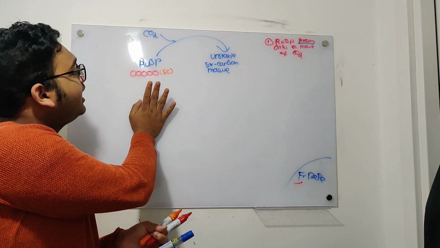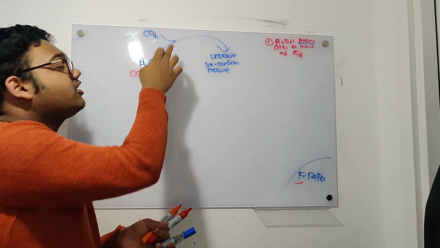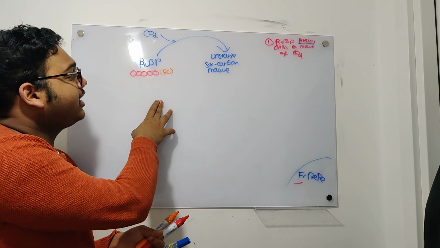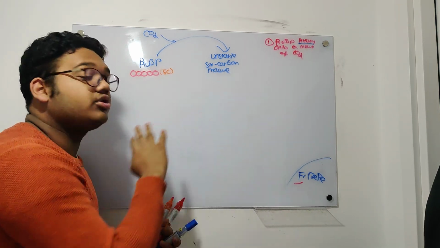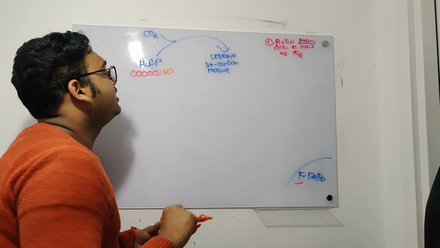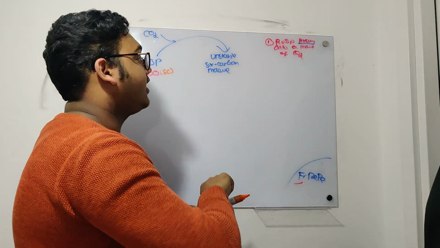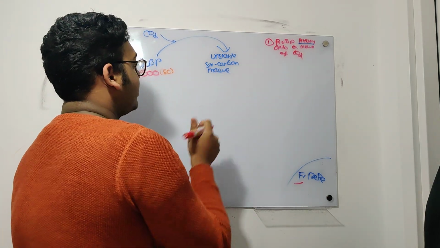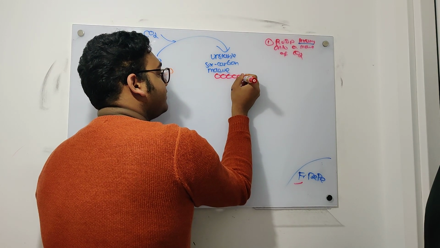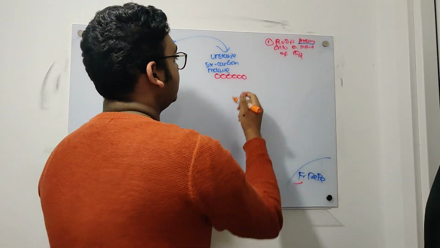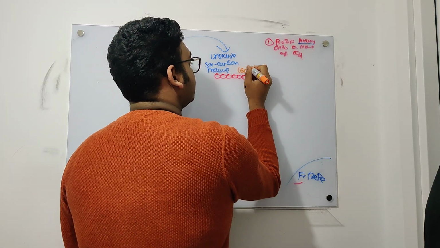Now, the RuBP has 5 carbons. We're adding a carbon from the carbon dioxide, so you end up with an unstable 6-carbon molecule. You don't need to know the name of that molecule, but I'm just going to draw it out here. So, in red, 1, 2, 3, 4, 5, 6. 6 carbons.